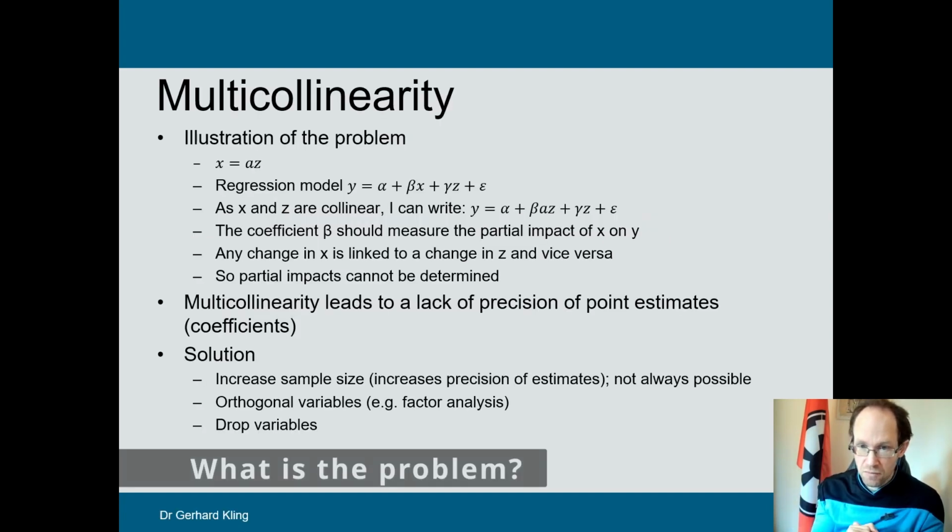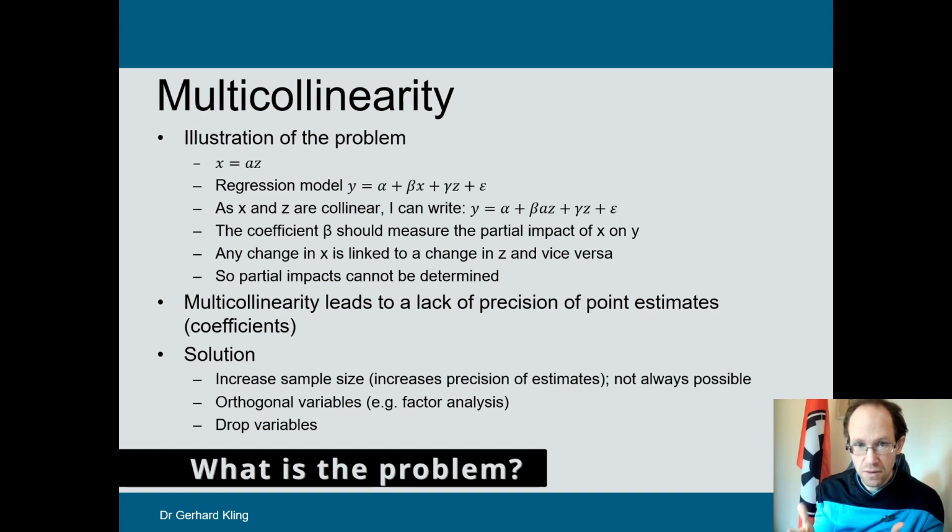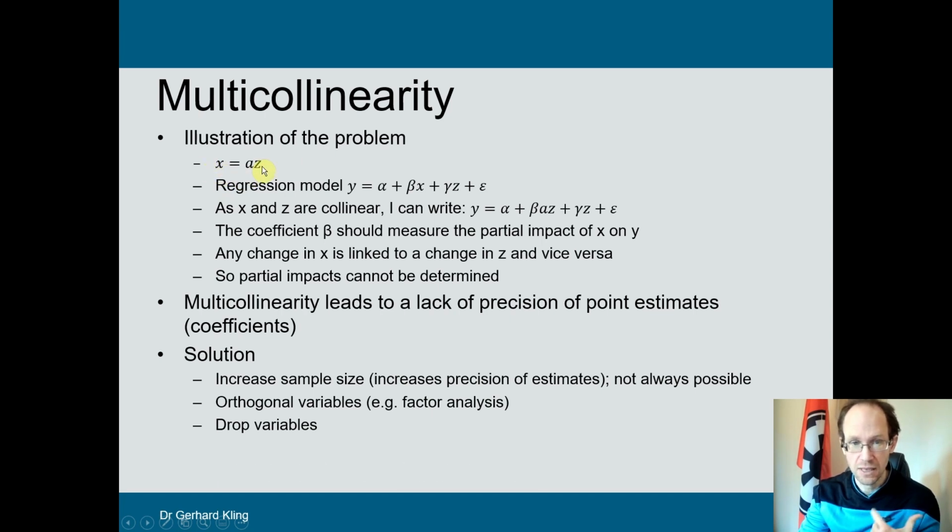To illustrate the problem, I think the best thing you can do is to go to an extreme. As an example, you see this on the slide. If I assume that there are two independent variables denoted x and z, and these variables have a perfect linear relationship, we can express x in terms of z with a factor a.